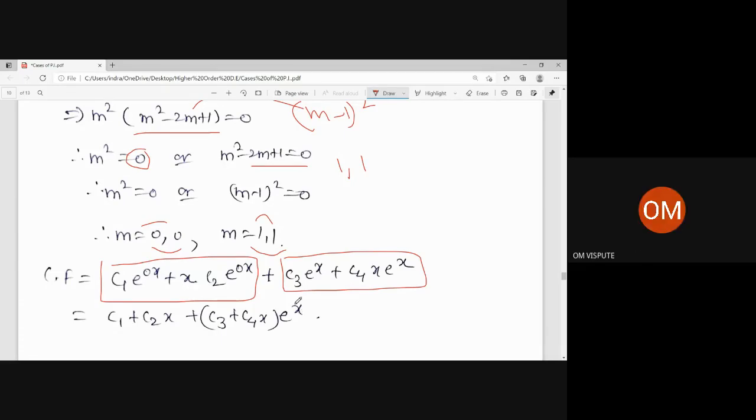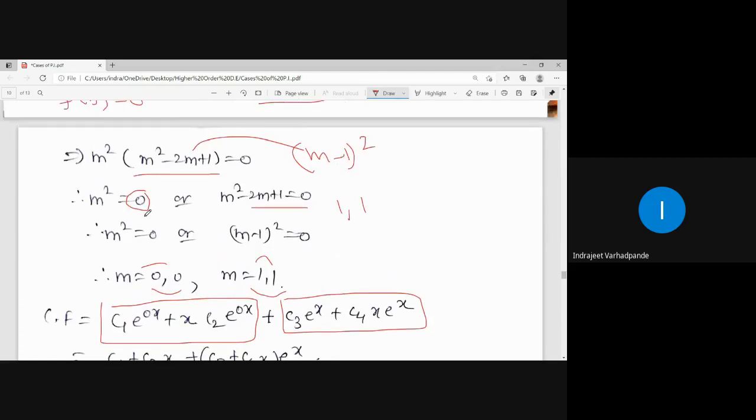Kindly see that we get two roots of repeated form, and after taking out m square common, we are left with (m - 1) whole square. So we get the value as 1, 1.